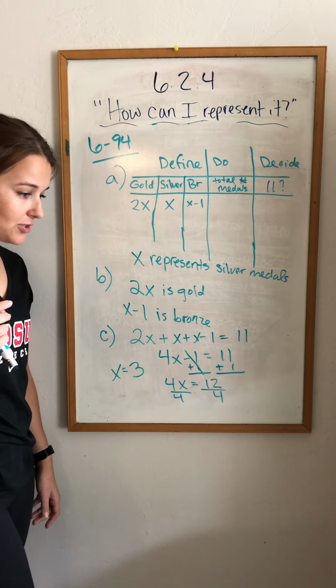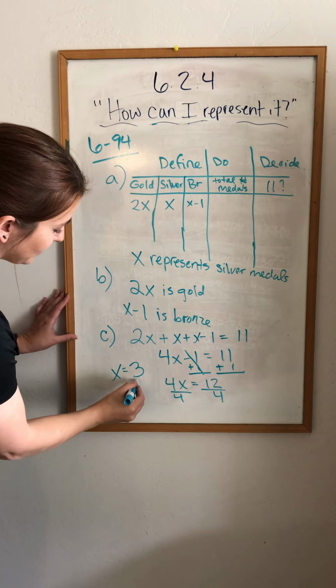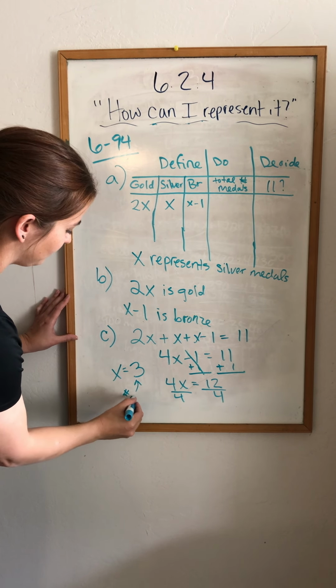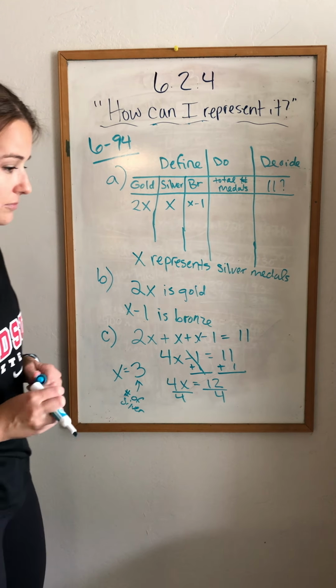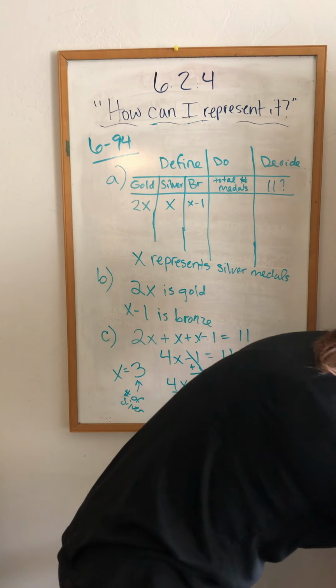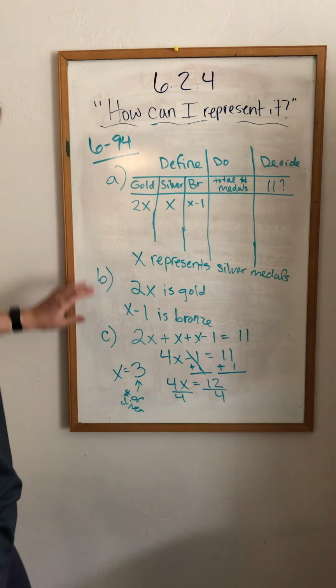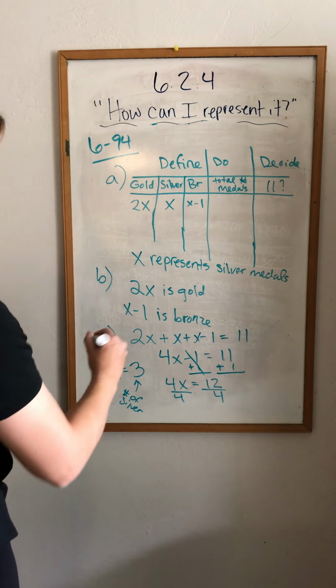So if x is 3, that means that's the number of silver medals. And put number of silver. Oh, we did part C and D together. So C was our equation, and D was actually solving the equation.